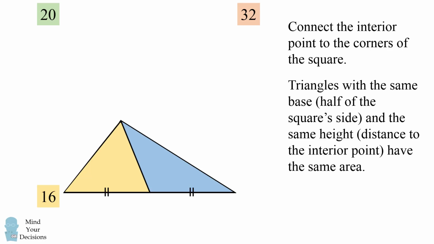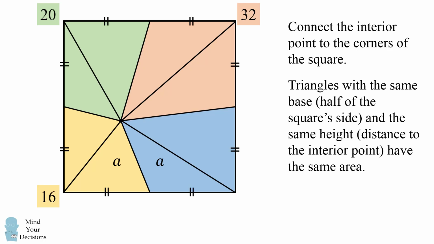Triangles with the same base, which is half of the square side, and the same height, which is the distance from the square side to the interior point, will have the same area because they have the same dimensions for base and height. So these 2 triangles will have the same area, and I'll label the area as A.